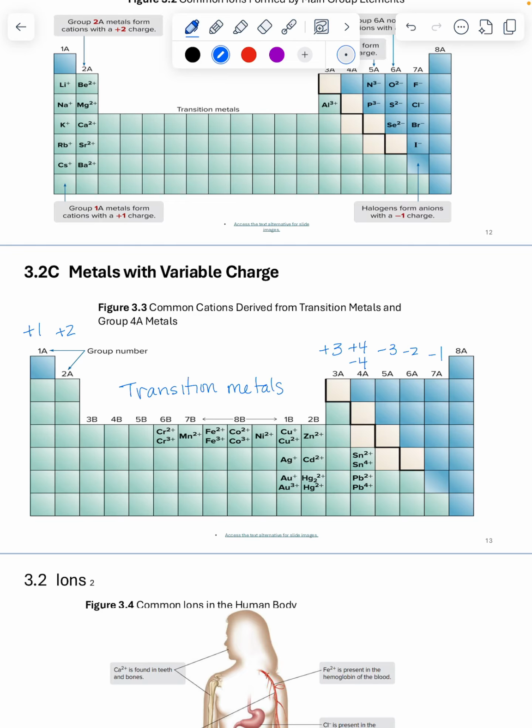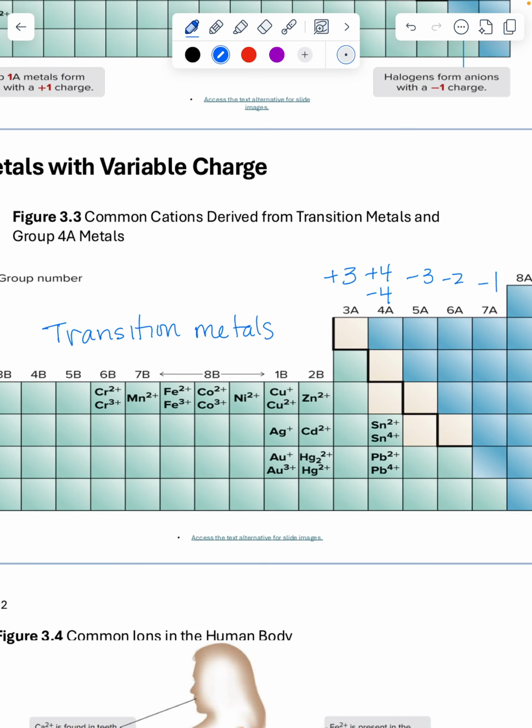Some of these that we use quite often, zinc is one, and notice zinc only has a +2 charge. Silver is another one that was used quite a lot, and it has a +1 charge. We tend to use iron a lot, and it can be either +2 or +3. We also use copper quite a bit, and so it can be +1 or +2.